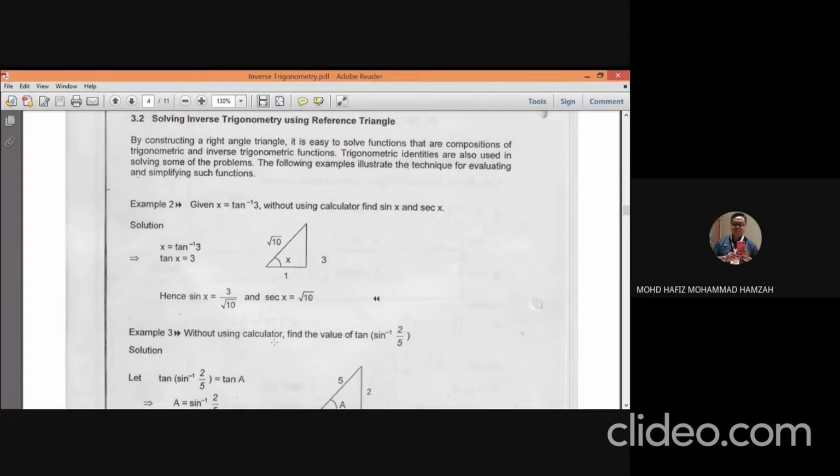So bila tangent darab dengan tangent inverse, dia akan neutralkan tangent. So that's why belah kanan tinggal 3 saja. So sebelah kiri ni tiba-tiba ada tangent x. Okay, dapat tak? Saya ulang balik. Soalan asal x sama dengan tangent inverse 3 ni kan.